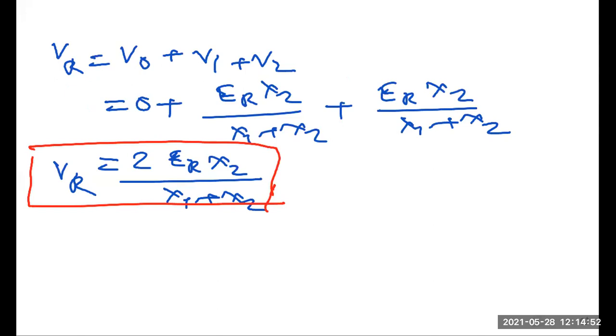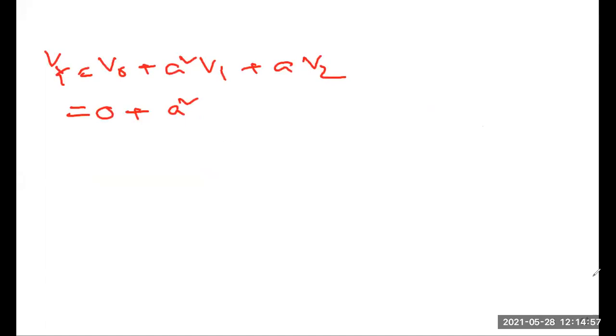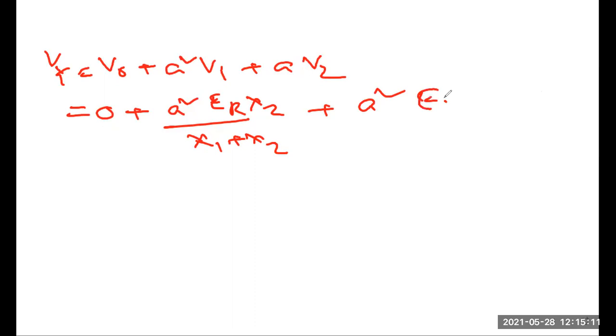V1 is ERX2 by X1 plus X2. Correct. And V2 is the same, ERX2 by X1 plus X2.